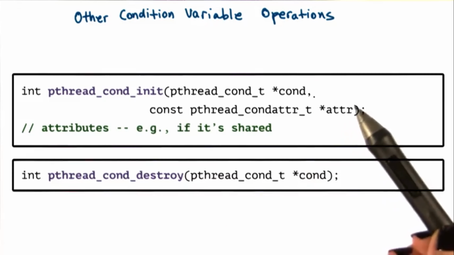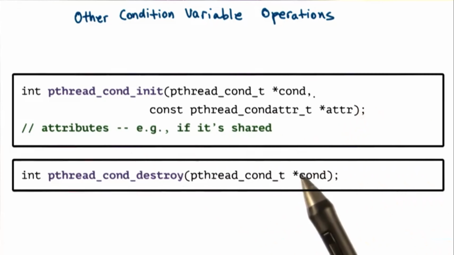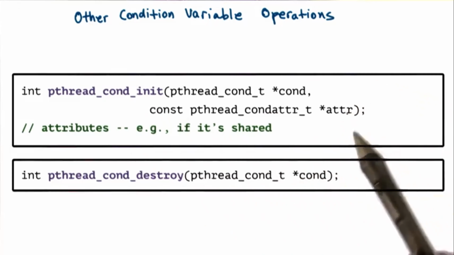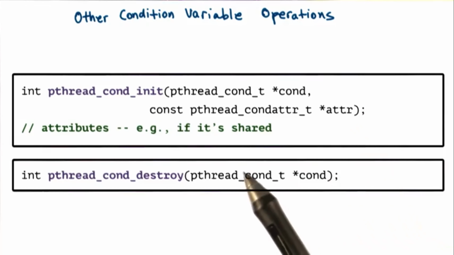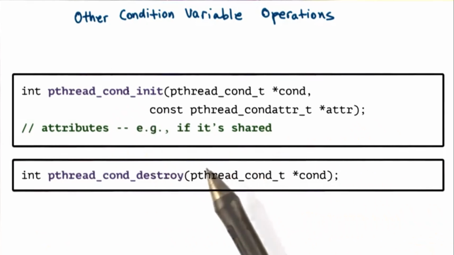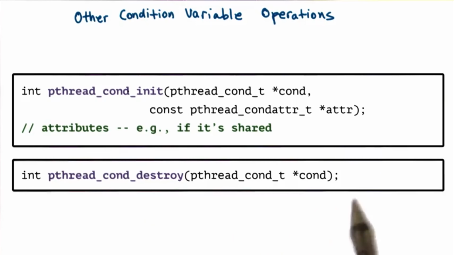And similar to what we saw with the mutex and thread attributes data structures, passing null in this call will result in the default behavior that's supported by Pthreads. That happens to be that the condition variable is private to a process. Just like threads, condition variables should be explicitly freed and deallocated. We use the condition destroy call for that.